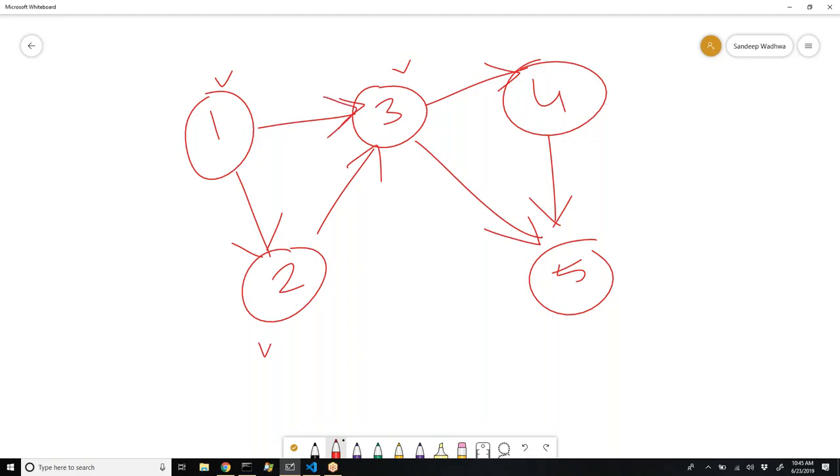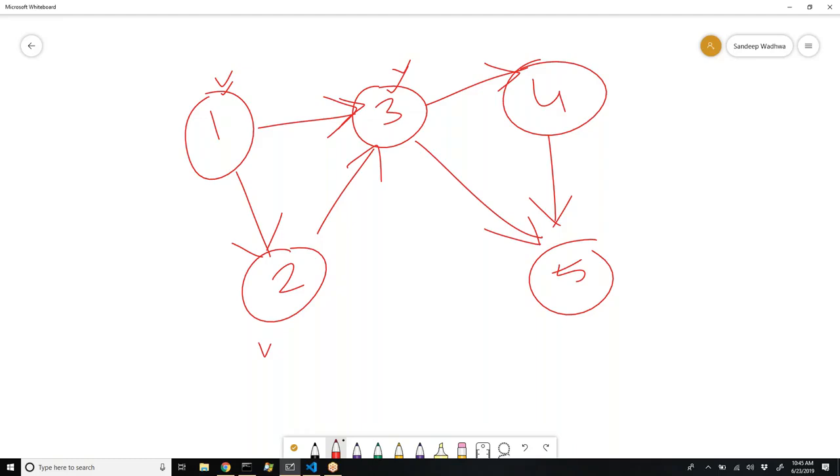This is the dependency: 3 is dependent on 1. After 1 only you can do 3. After 3 only you can do 4, like that. Oh yeah, you tried it the other way. For now you can say these arrows are telling what item you can do after this. So what is the order?